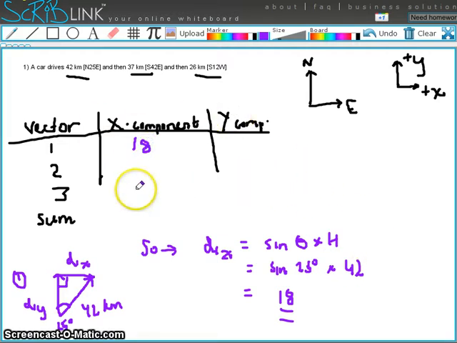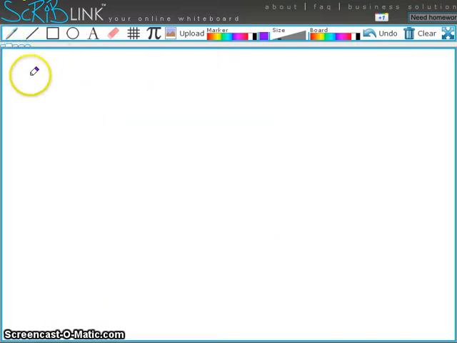Similarly, we can work out the same thing for the y component. So your d1y. Again, really simple. Looking at your picture, you should be able to figure out the trig relationship. In this case, we don't have d1y, we have an angle, and we have the hypotenuse. So again, you can use your cos theta times your hypotenuse.